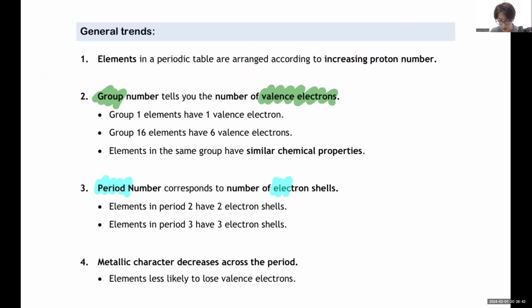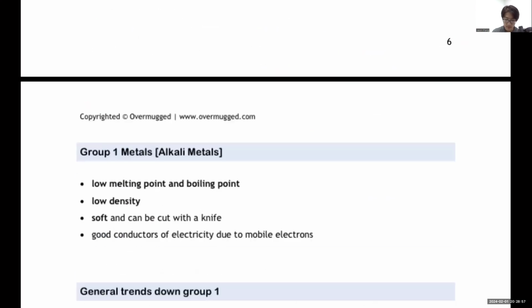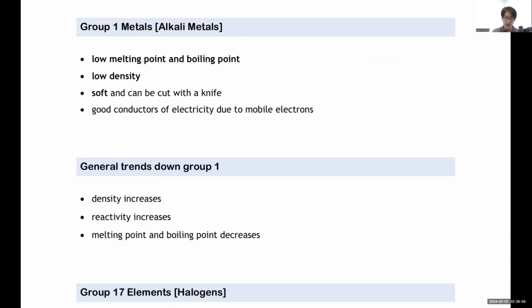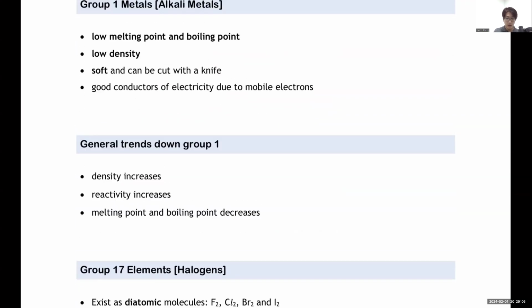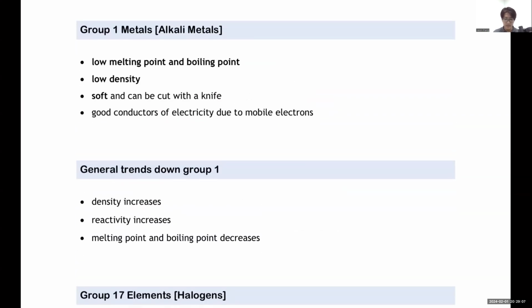Period: electron shells. That's it. This is the most basic trend that we must know. We slowly add on new trends and information as we progress. Everything on the leftmost, this one, your group 1 metals.